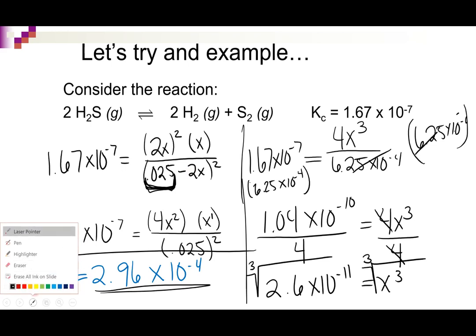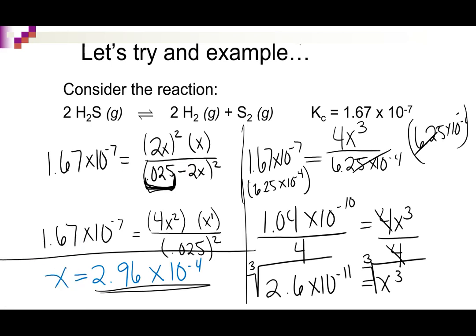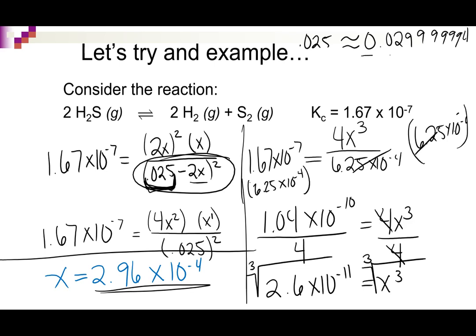So what x is small is relying on is the fact that 0.025 is basically the same as, and let me go ahead and subtract it, 0.029999994. Okay, so when I put this in my calculator and I actually use x, this is the number that we would have used in our equation.